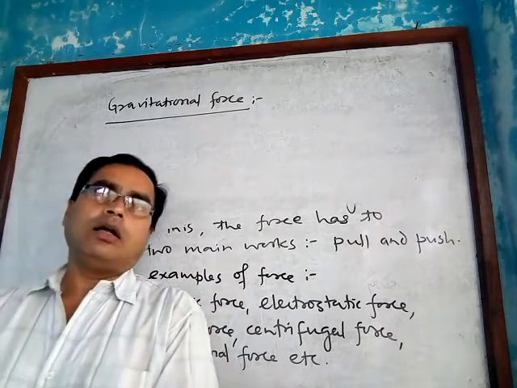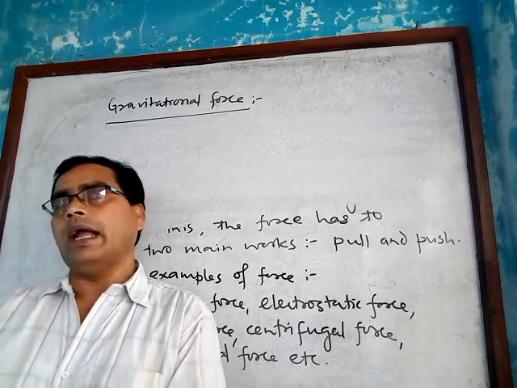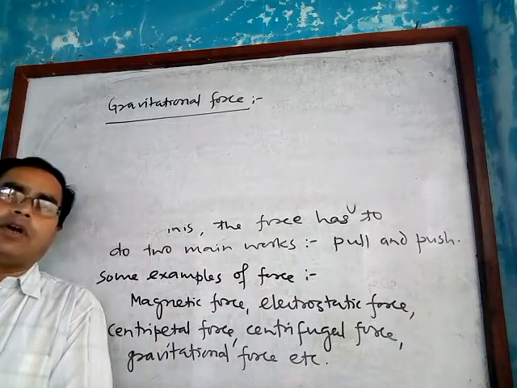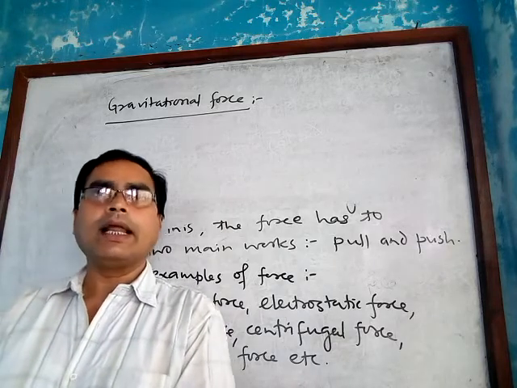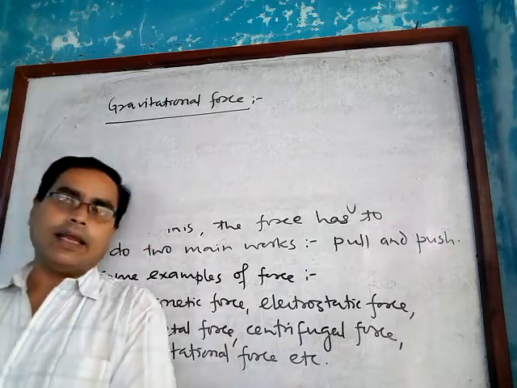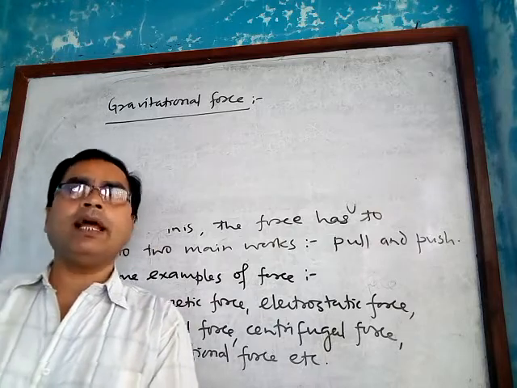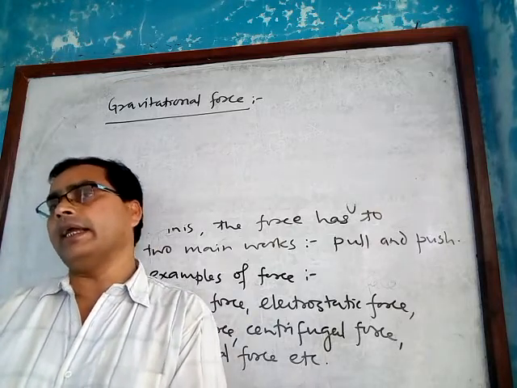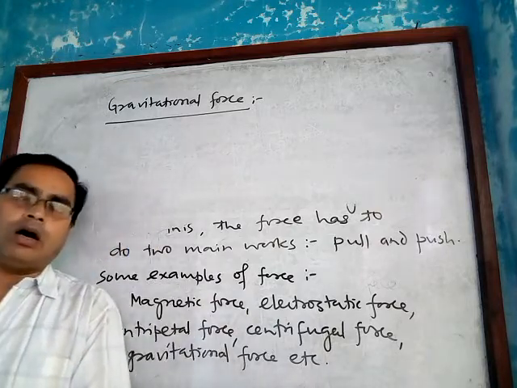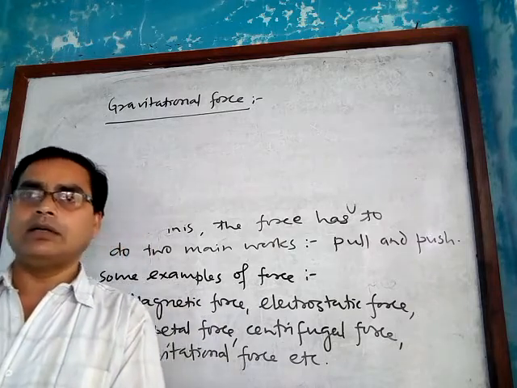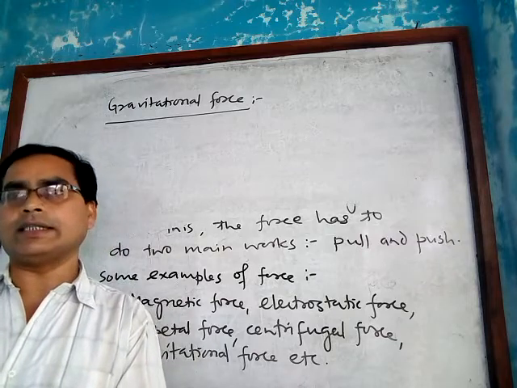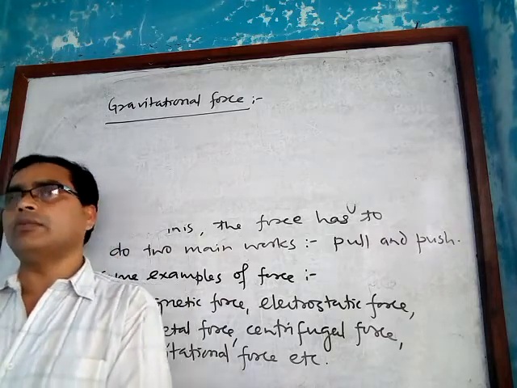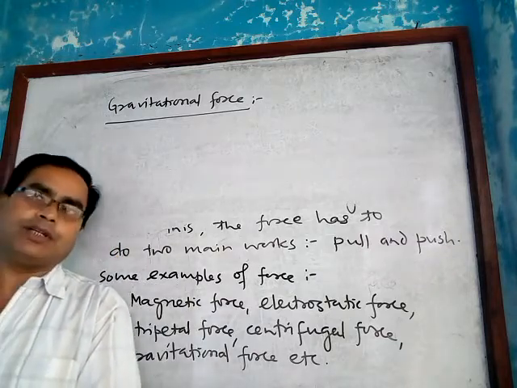He observed an apple falling toward the earth. From that phenomenon, he concluded that the earth is attracting any body towards its center, and that is called force of gravity.